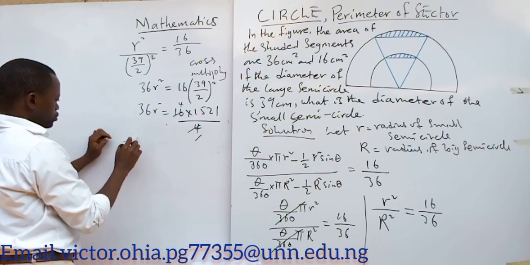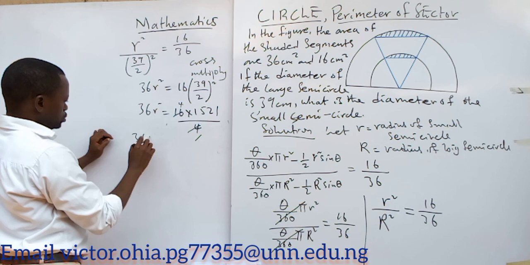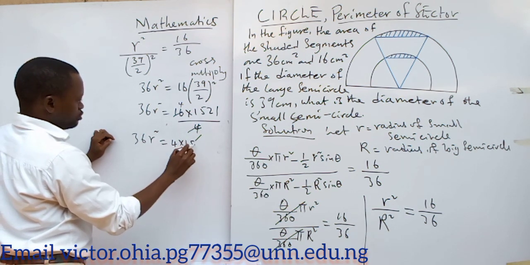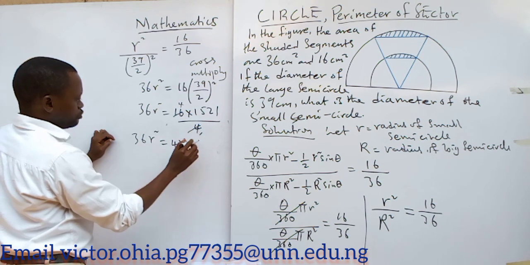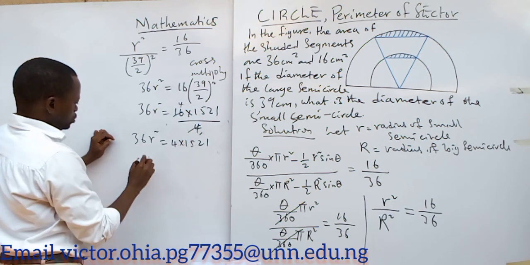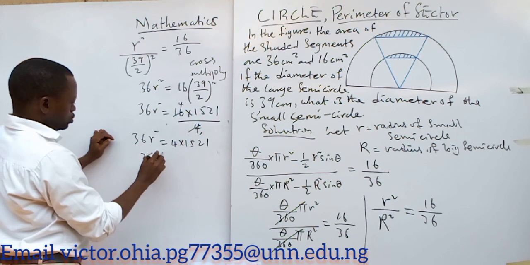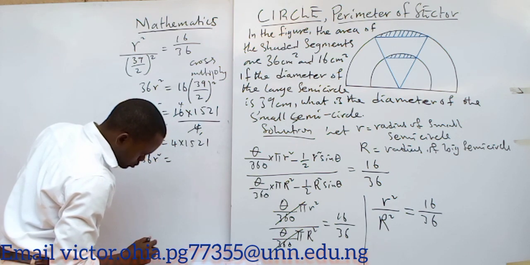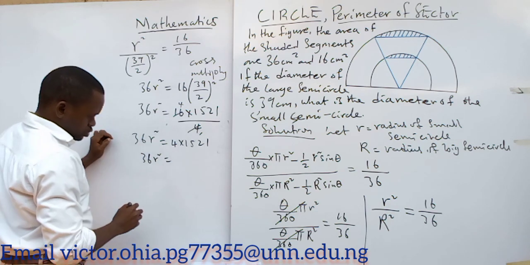So we will have 36 r squared equals 4 times 1521, which will give us 6084.